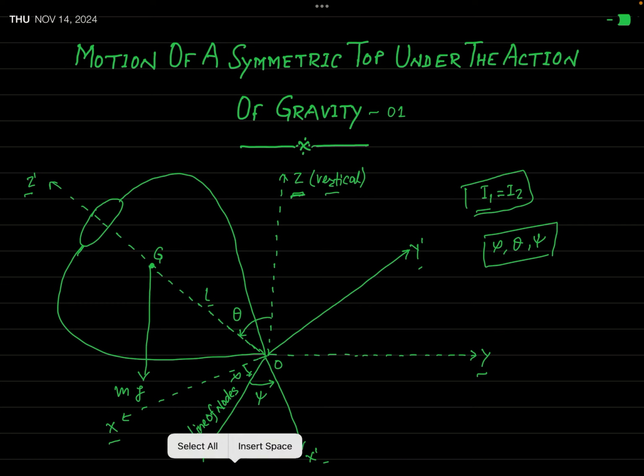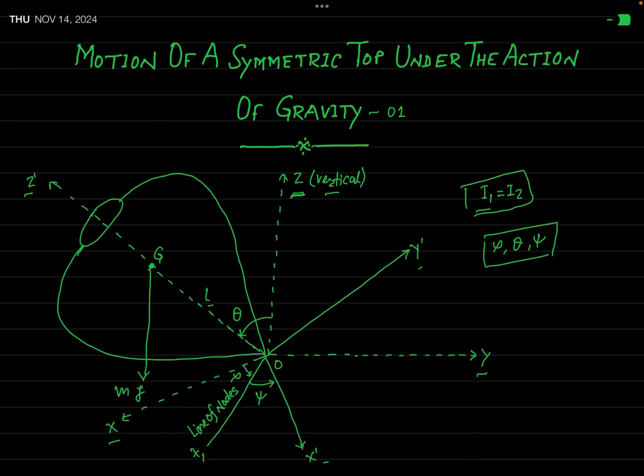So while finding the potential energy of this body, you can change the nature of the problem. You can think that there is a point mass whose mass is equal to m, which is the mass of the rigid body, and it is located at point G.